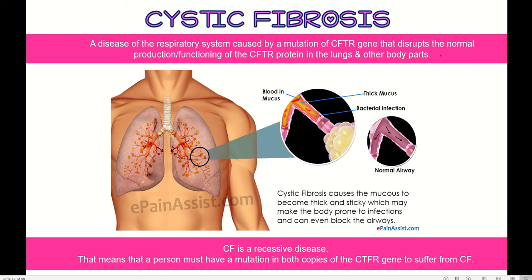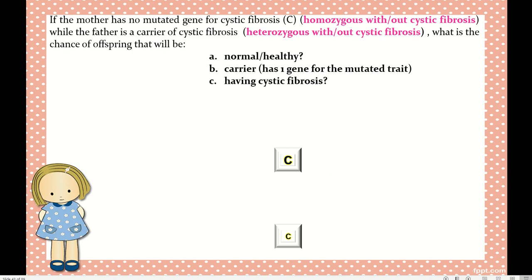So let's just have one sample problem. If the mother has no mutated gene for cystic fibrosis, capital C, no mutated gene, so that person is homozygous without cystic fibrosis, while the father is a carrier of cystic fibrosis.